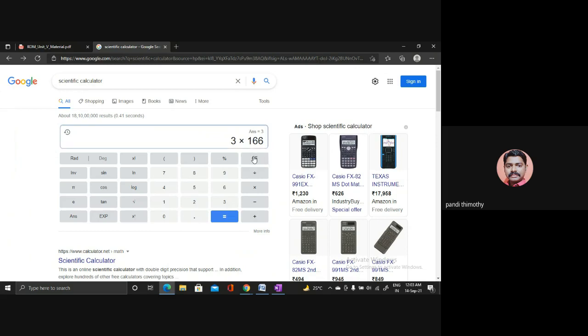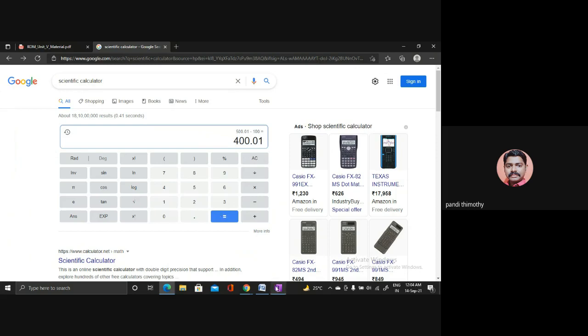This value is approximately 500, minus 100, that is 400.